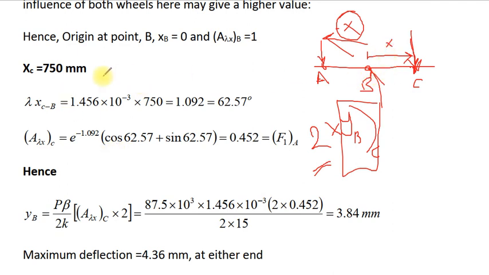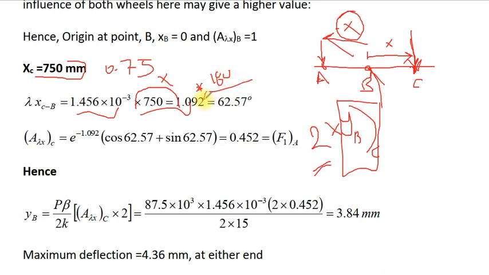So now x will be 750 millimeter, 0.75 meter. Lambda x from C to B will be lambda multiplied by x, 1.092. If we want to use degrees, we have to multiply it by 180 over pi. This gives us 62.75 in degree.